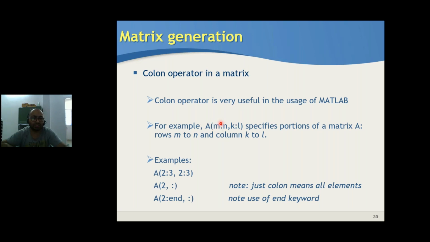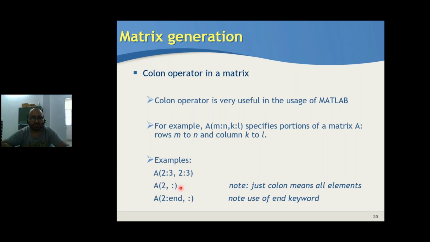You just need to give the values of these variables m, n, k and l, and it will give you the output in the command window. Suppose we have a 3 cross 3 matrix A, and we want to print the output as 2 to 3 rows, 2 to 3 columns. Then it will give you the output of all the values which are present at 2 to 3 rows and 2 to 3 columns.